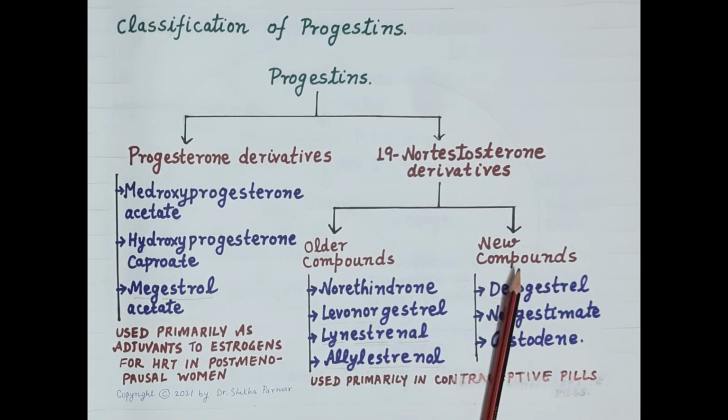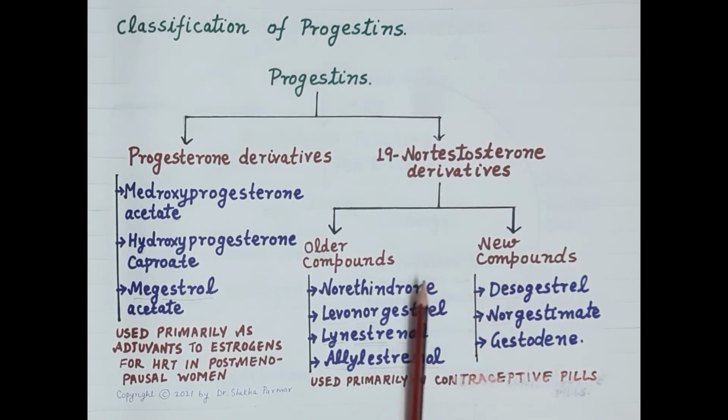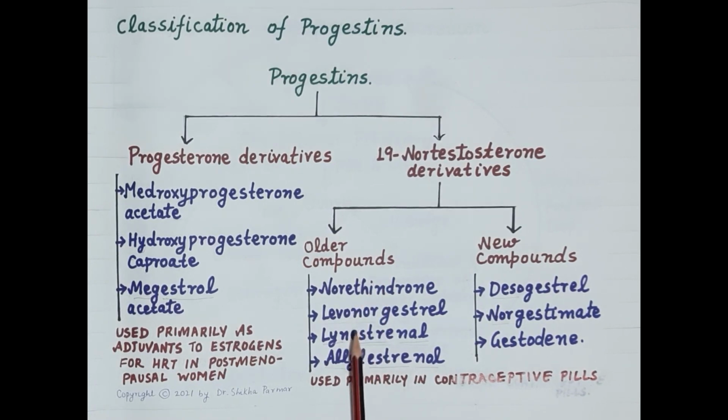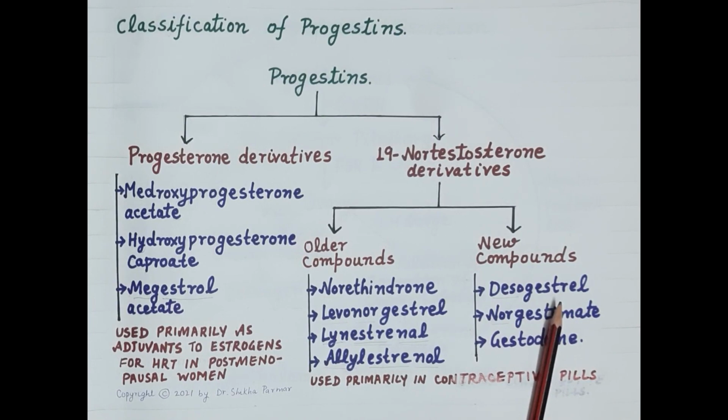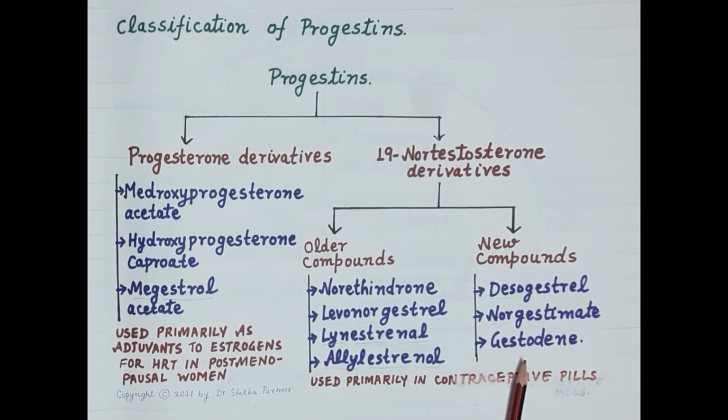This androgenic activity is almost absent in the new compounds. Examples of older 19-nortestosterone derivatives are norethindrone, levonorgestrel, lynestrenol, allylestrenol, whereas newer compounds are desogestrel, norgestimate, gestodene. So, this is the classification of progestins.